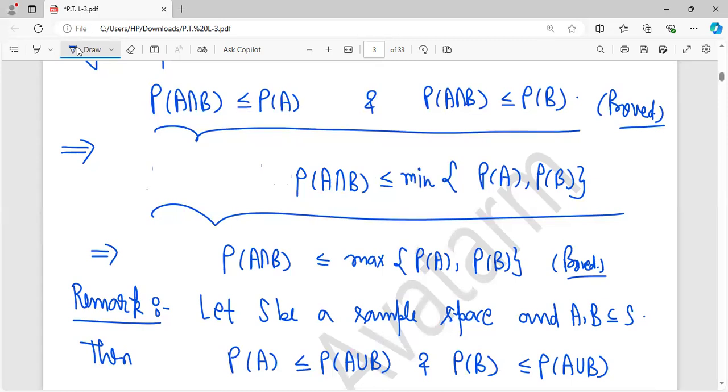Each one is greater than A intersection B, so their minimum will be greater than or equal to A intersection B. So this is true, and I should write minimum here.